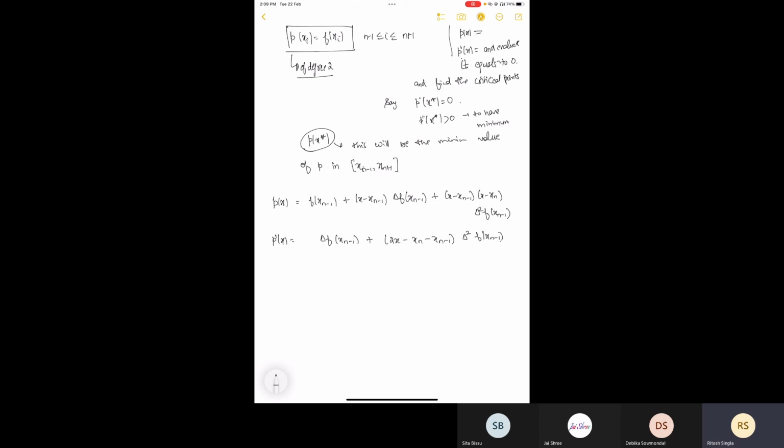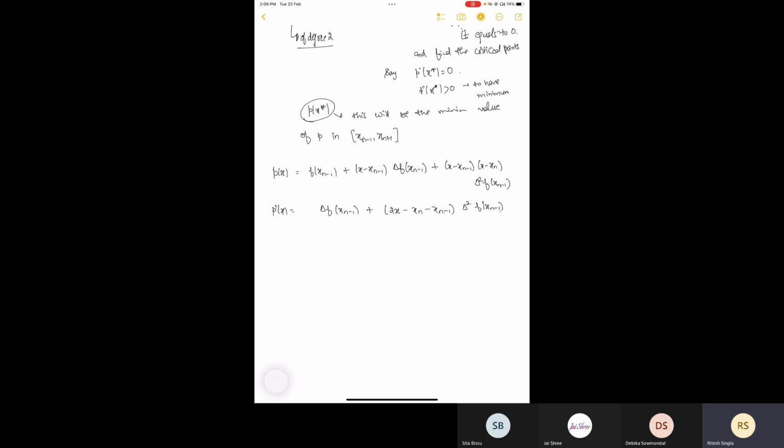Okay, just a second. At the end of the day, I want my result in terms of f of n plus 1 and f of n minus 1. So let me write in that notation only. You know that Delta f of n minus 1 is nothing but f of xn minus f of x of n minus 1 upon xn minus x of n minus 1, nothing but f of xn minus f of x of n minus 1 upon h.